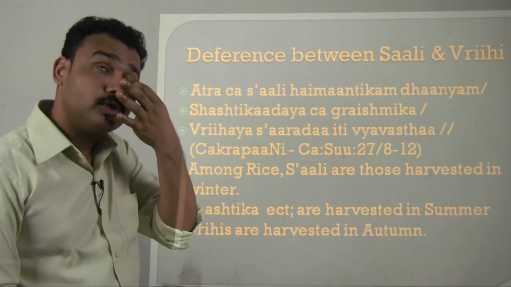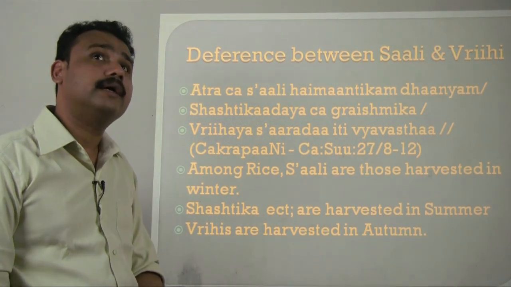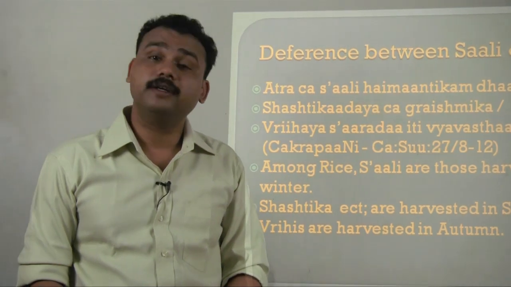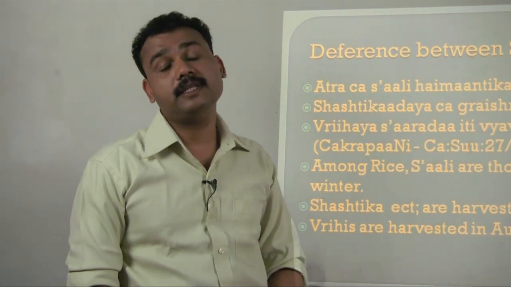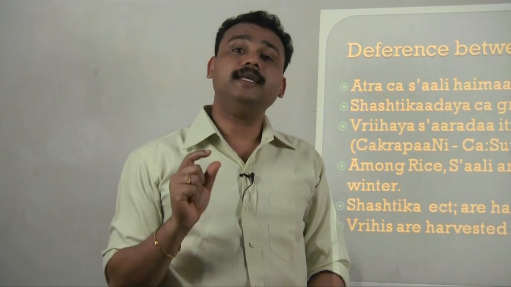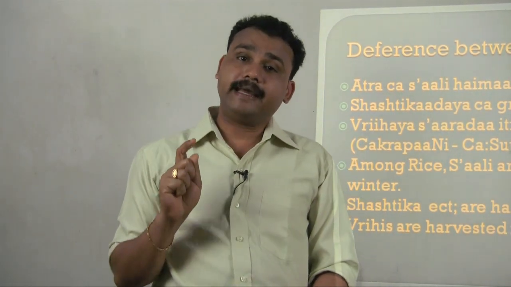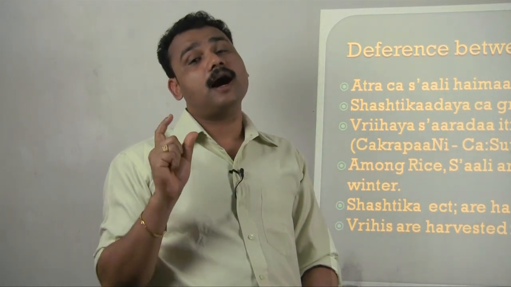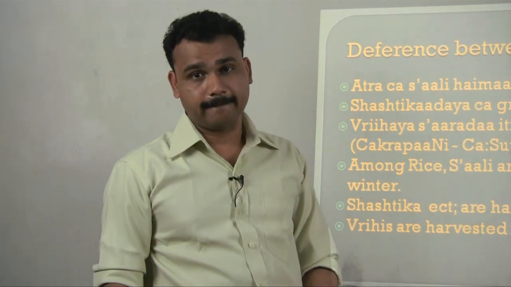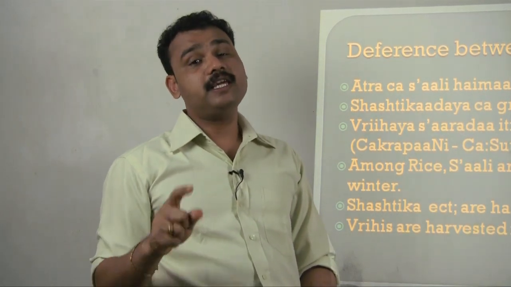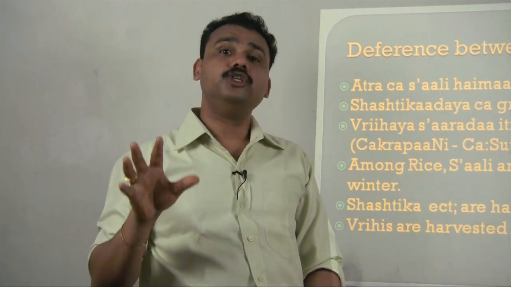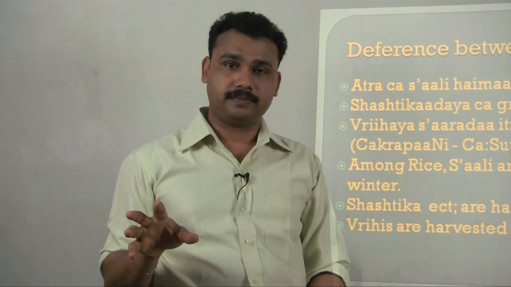So this is the most authentic and most reliable and logical explanation we get for the question, what is the difference between Shali and Vrihi. I repeat, Shalis are those rices which are harvested in the season of early winter, Hemanta, whereas Vrihis are those which are harvested in Sharat, which is autumn.